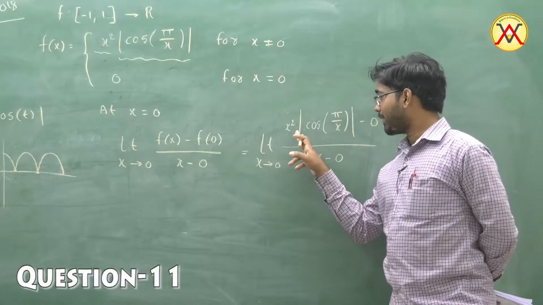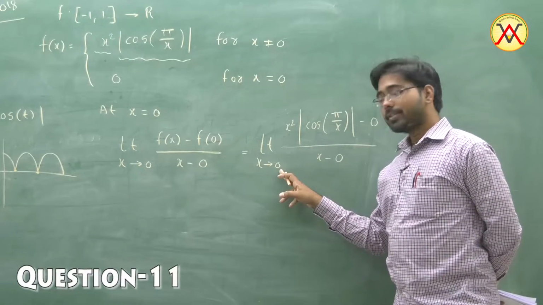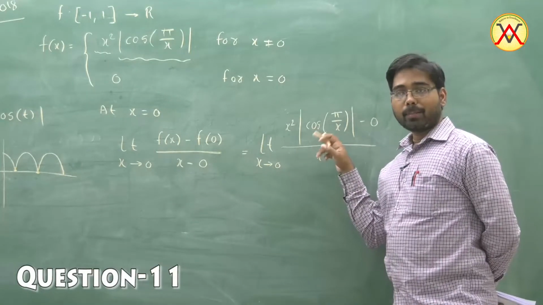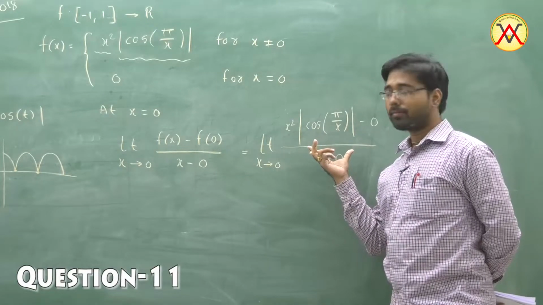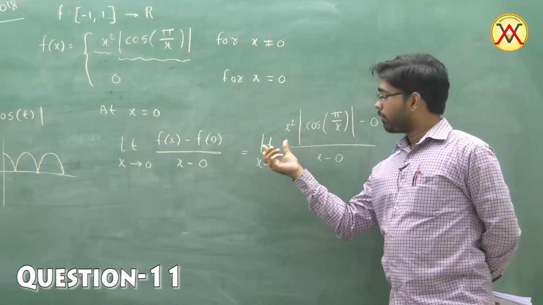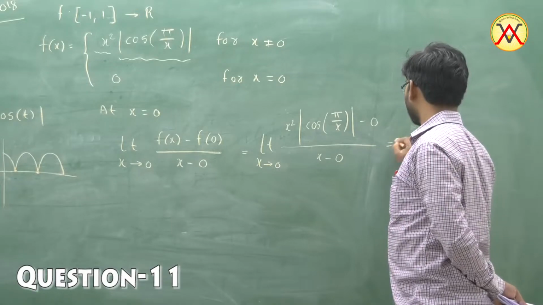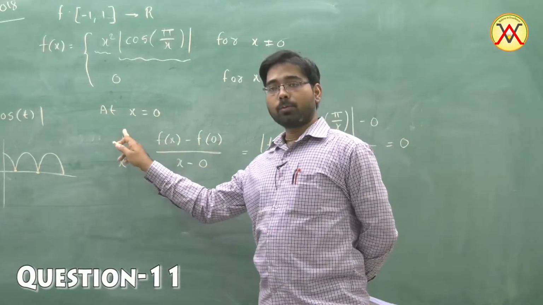So we have x into modulus of cos(pi/x). As x approaches 0, the modulus of cos(pi/x) is oscillating between 0 and 1. It is a bounded quantity, and x is going to 0. So we have 0 into some bounded quantity, which is going to be 0. So the limit exists. That means the function is differentiable at 0.